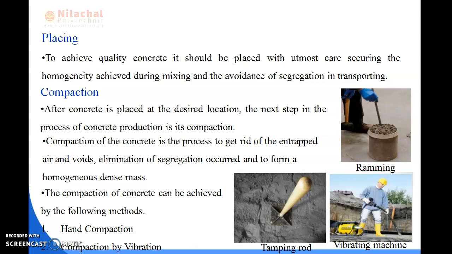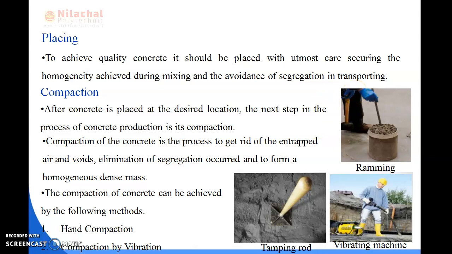Next is compaction. After the concrete is placed at the desired location, the next step we have to follow is known as compaction, and compaction is done by two methods, hand compaction and compaction by vibrations. I have also told you that compaction is also known as consolidation of the concrete.